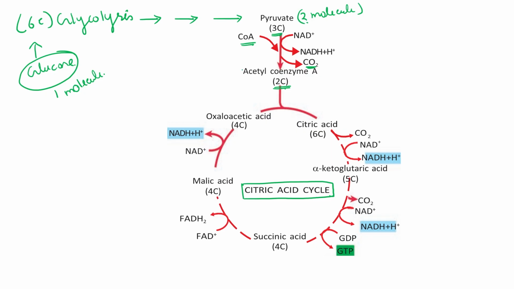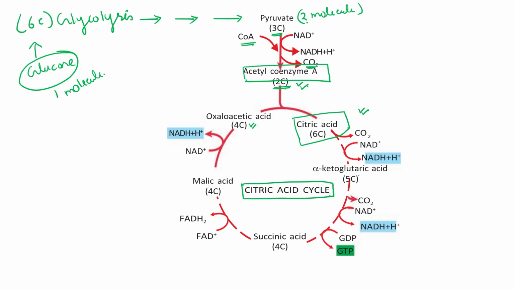So this acetyl coenzyme A enters this TCA cycle, and after combining with oxaloacetic acid, it will produce its first product, that is citric acid. This is a 2-carbon molecule and this one is a 4-carbon molecule, so obviously it will generate a 6-carbon acid, citric acid. This is the first product, that's why we use the term citric acid cycle. The citric acid contains 3 carboxylic groups, that's why we can also use the term tricarboxylic acid cycle, right?